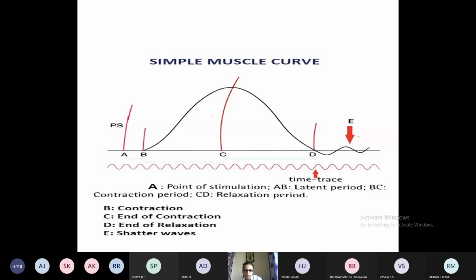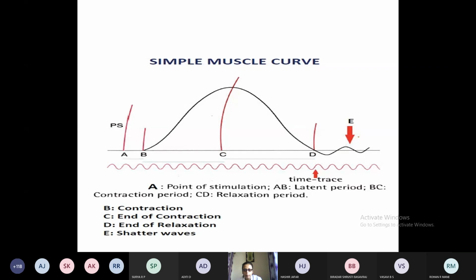Do you know the word meaning of isotonic? Wherever the tone of the muscle remains similar, that type of contraction is called isotonic contraction. But here the muscle length changes; rather, it decreases. The muscle shortens, but the tone remains the same.